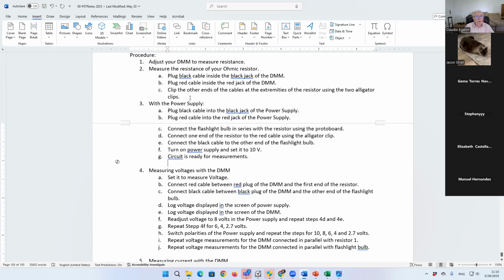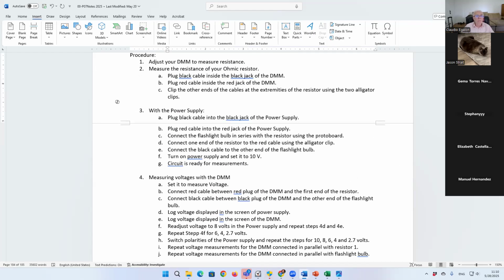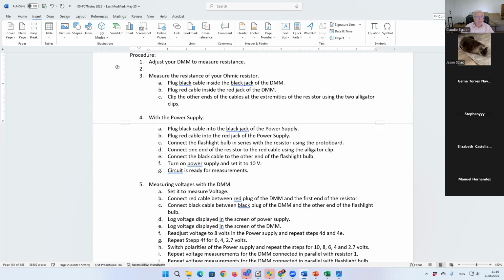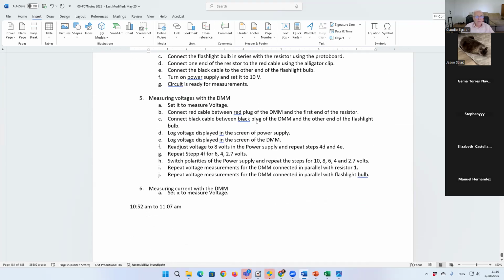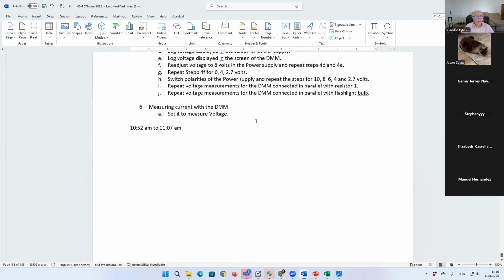One, two, three. Adjust. Okay, now we have to start from scratch. Disconnect everything and start from scratch.